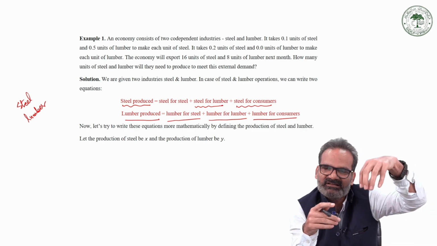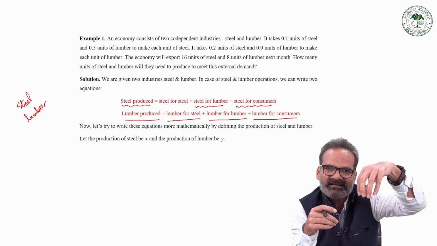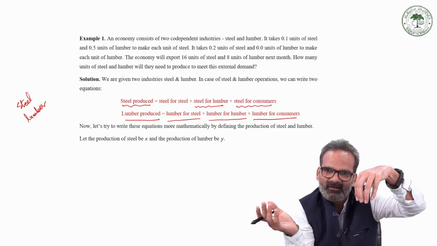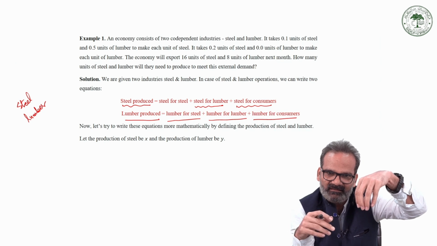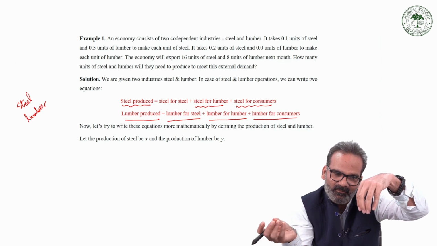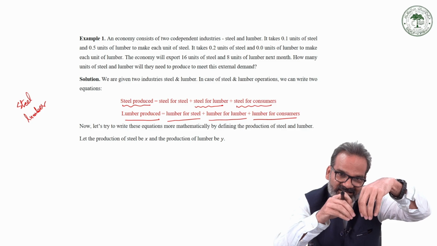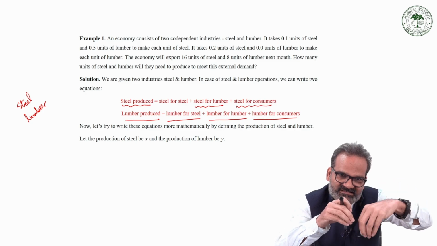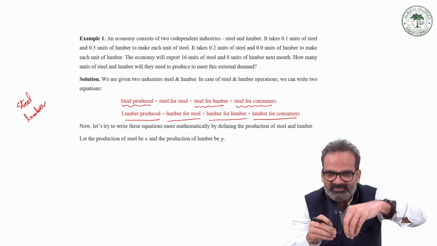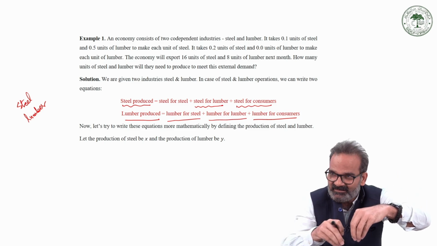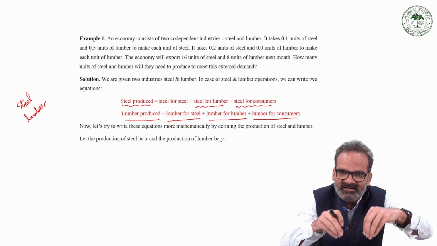Whenever we are producing steel, steel cannot be produced using only commodities of a different kind. We always need some amount of steel to produce steel itself. Likewise, some amount of lumber is needed to produce lumber itself.